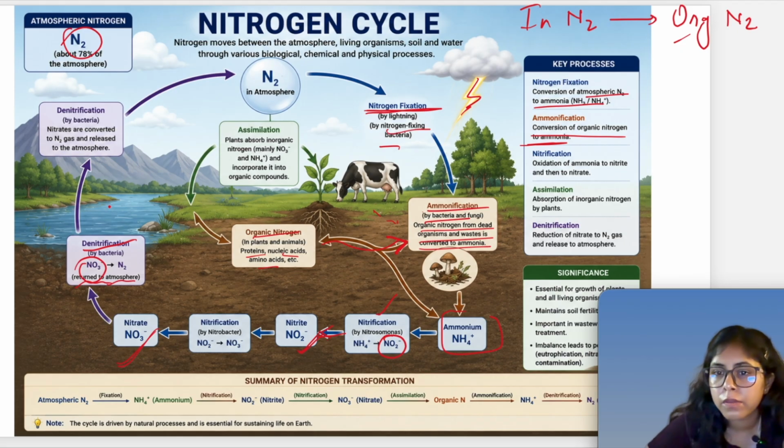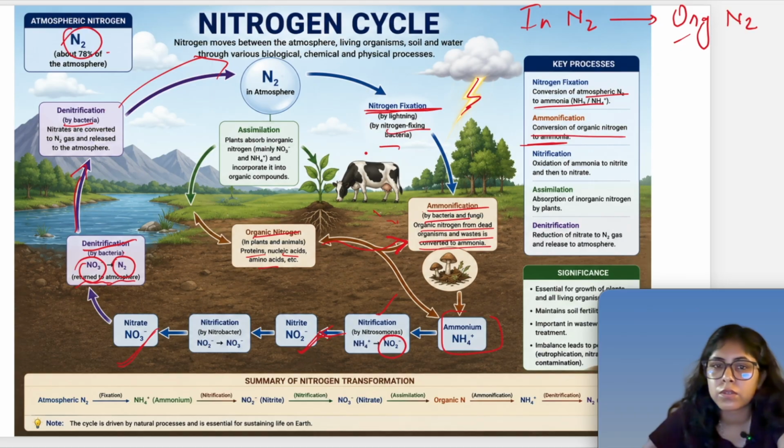We need to convert it into nitrogen so that it can go back to the atmosphere. Converting it back to nitrogen is denitrification. It is also done by certain bacteria, and then it is again in the atmosphere, and then converted again due to nitrogen fixation.